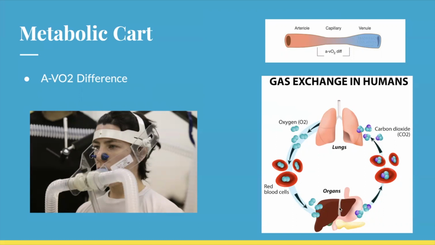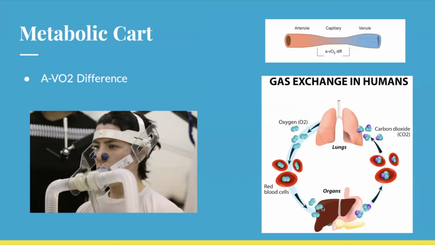After it's diffused wherever it needs to go, it creates carbon dioxide as a byproduct. That's a product of using the oxygen, and your body wants to get rid of that. So that takes it back up to the lungs to be expired.